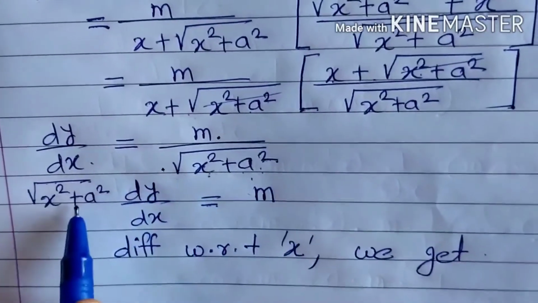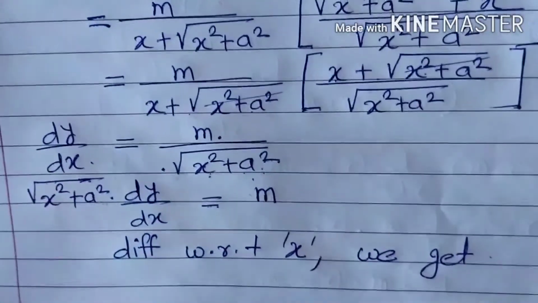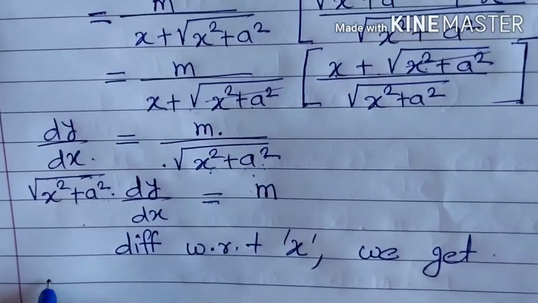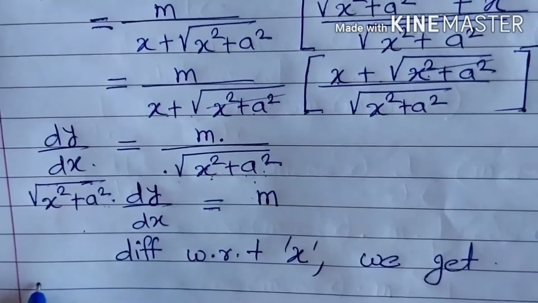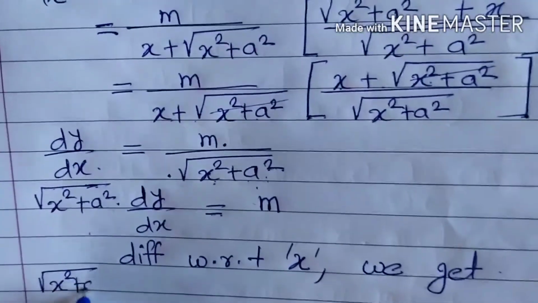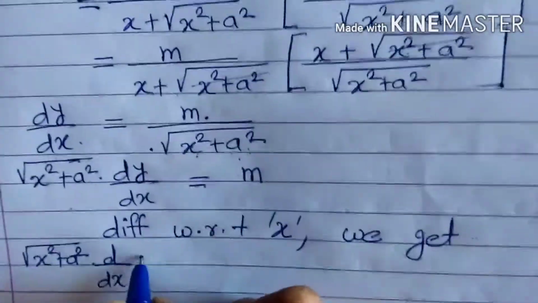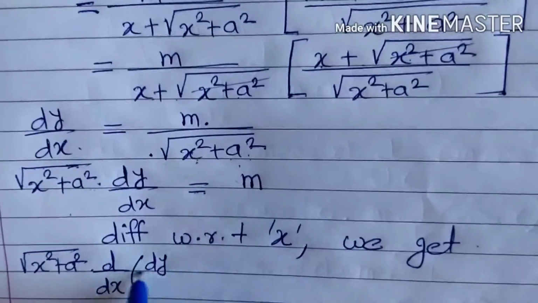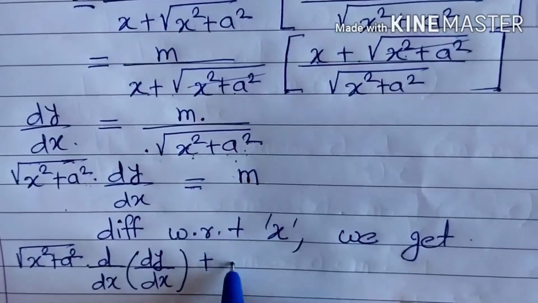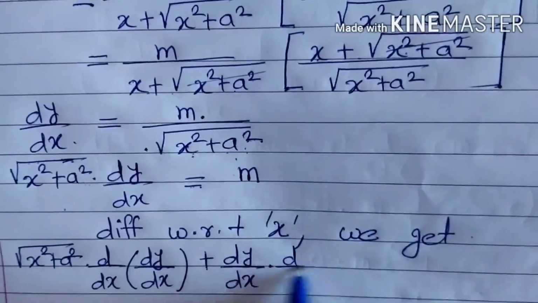For ease, I have taken the product rule here, so it will become simple to solve. So use the product rule here. First function as it is, take derivative of second, plus second function as it is, take derivative of first.